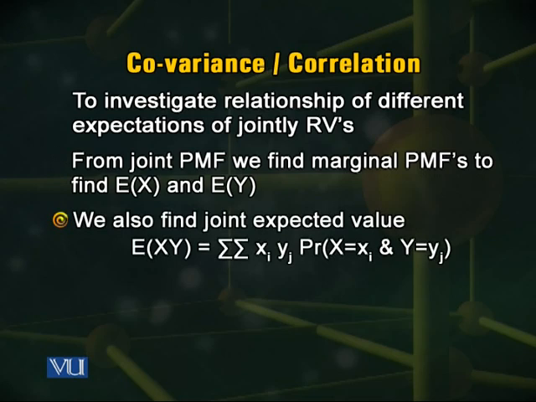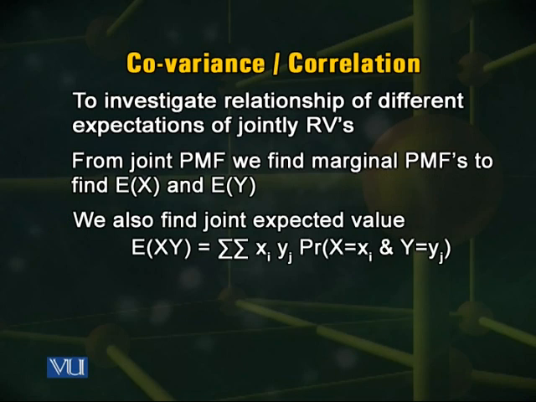So if we have two random variables jointly defined with an associated joint probability mass function, we can find the joint expectation, or E of x times y, as the summation of the multiplication of all joint probability mass function values and the associated values of x and y.